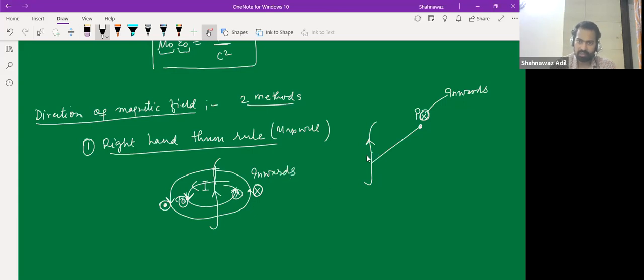This is the first method. This is dl, and this is r. Is the first method clear to you guys?